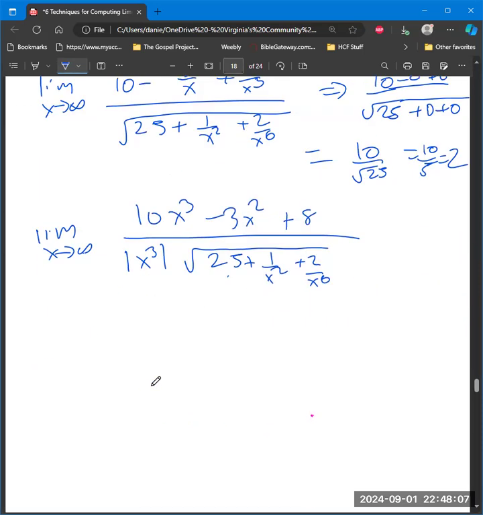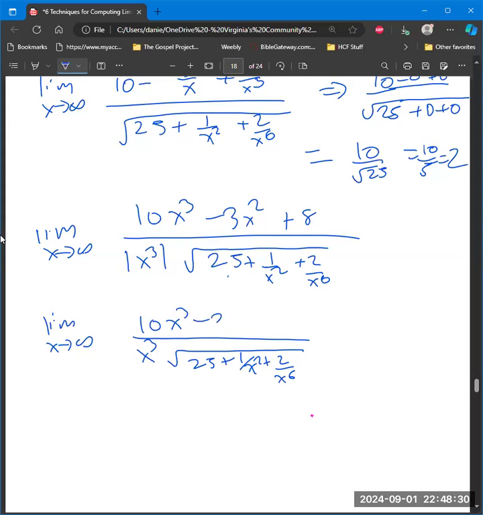And I'm going to identify that on the right-hand side over here, the absolute value of x cubed is x cubed. This is limit as x goes to infinity of x cubed, square root of 25 plus 1 over x squared plus 2 over x to the sixth, 10x cubed minus 3x squared plus 8.